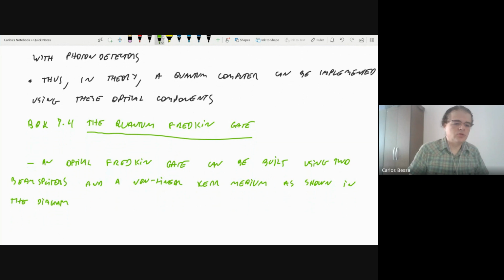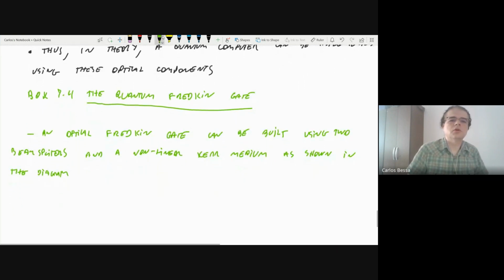I'll just reproduce the figure we have in box 7.4. If the drawing is not so nice, you guys can see it there. So it's the Kerr medium.